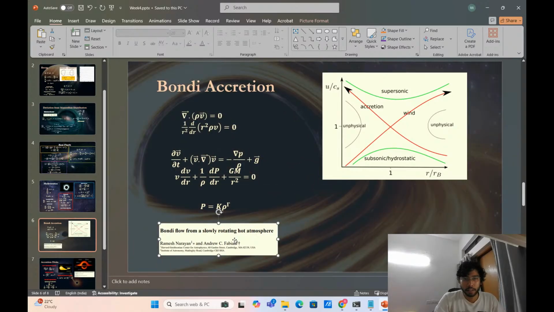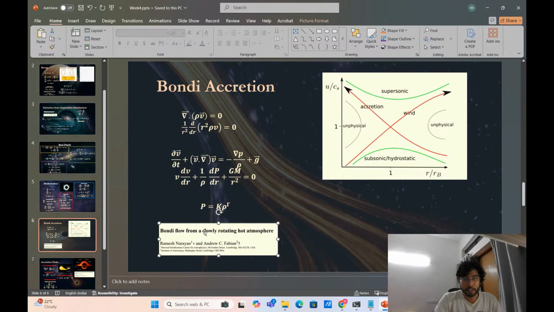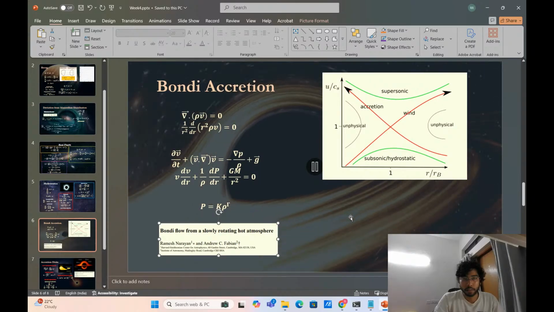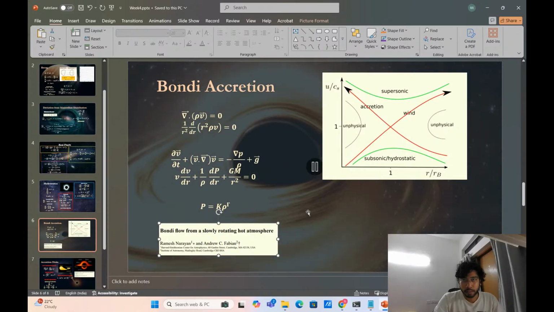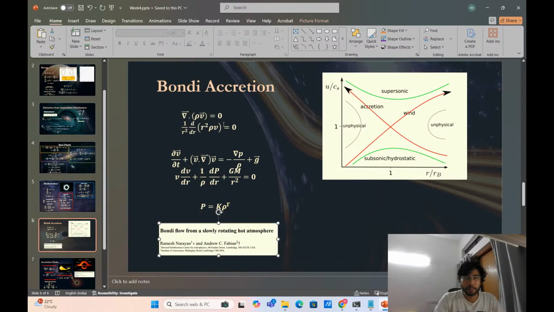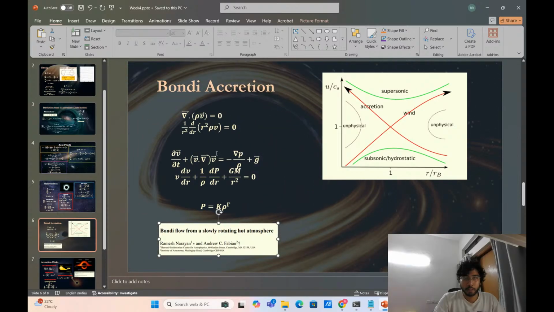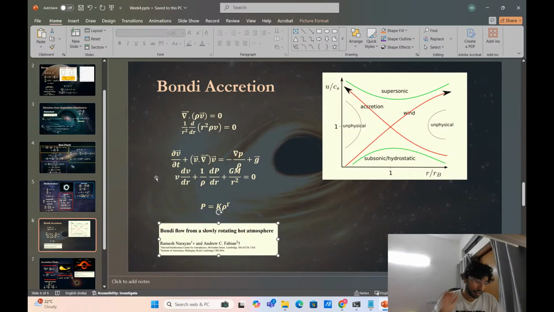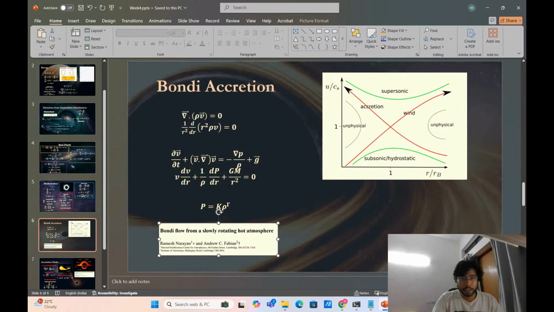People still work on these kinds of Bondi flows from black holes or these objects, right? We will try to understand from the Euler equation how we can model such astrophysical phenomena, right? So now we will just do the same thing.